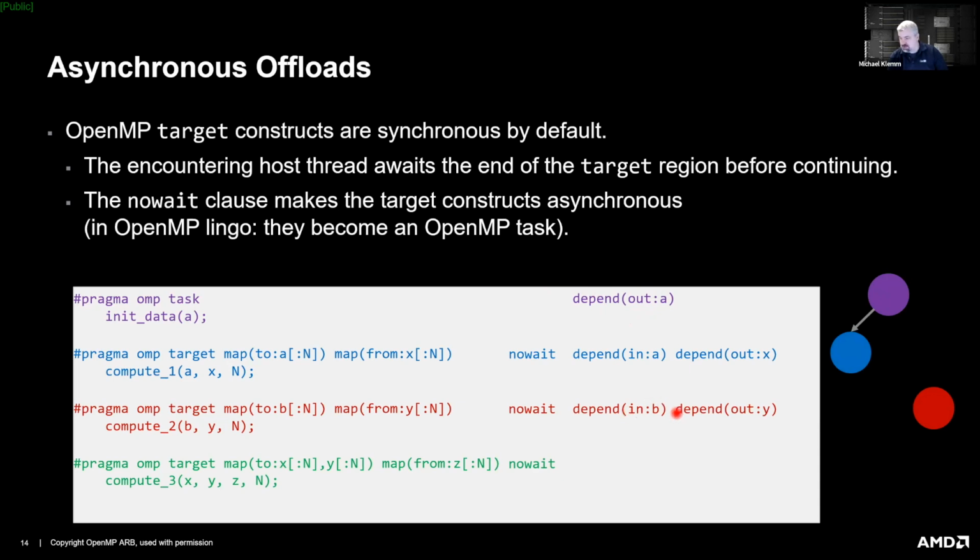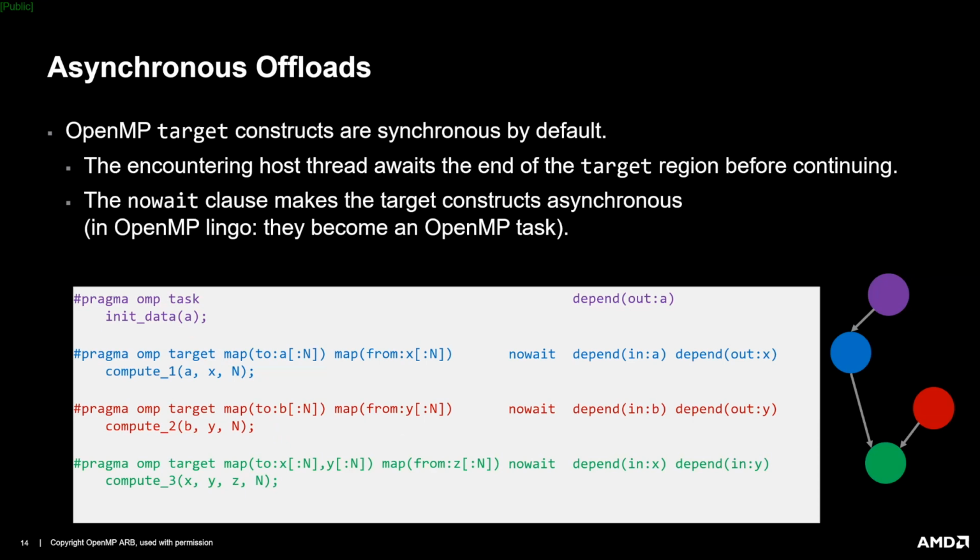And then there's this output dependency for Y. And then the green one can have the proper input description so that OpenMP now knows that green may only run after both red and blue are done, and blue will not start before purple is done. Let me finish one sentence, and I'll take the question.